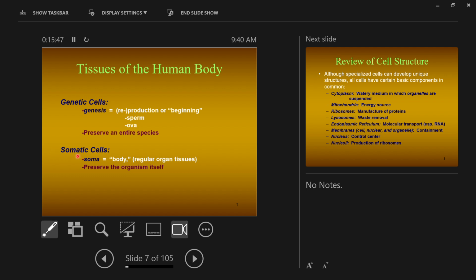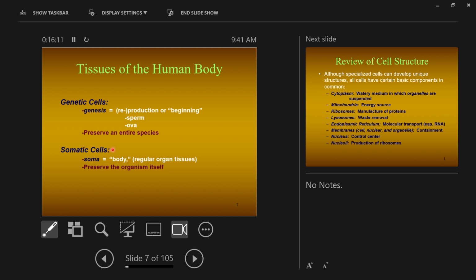Somato, S-O-M-A-T-O, is the combining form. If you haven't heard that term before, combining form roughly means the root word. Okay, somato is the combining form or root word for body. So is soma. Soma is just a shortened up version of that. Okay, so soma means body.